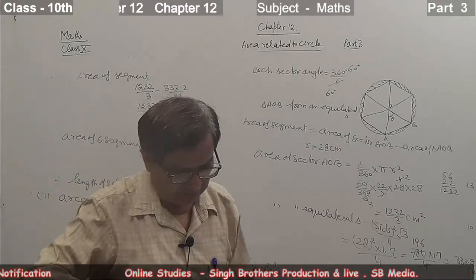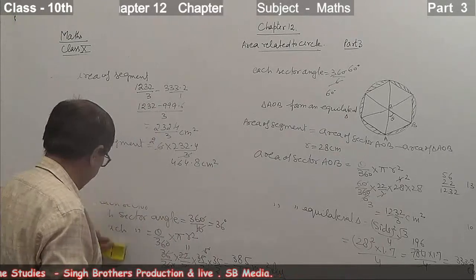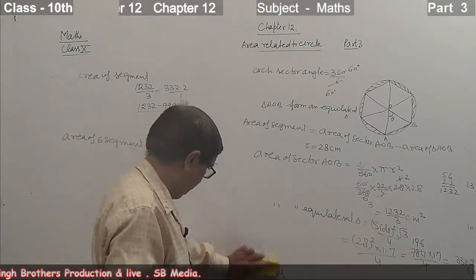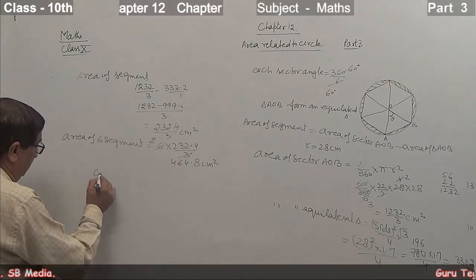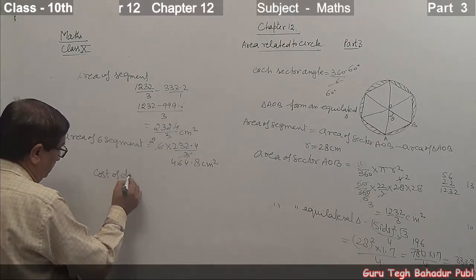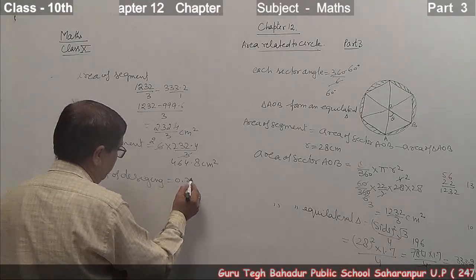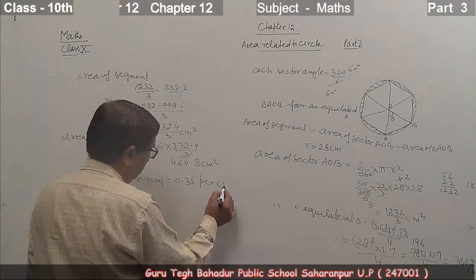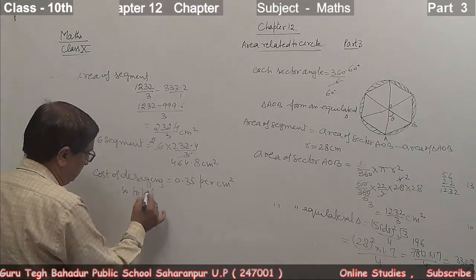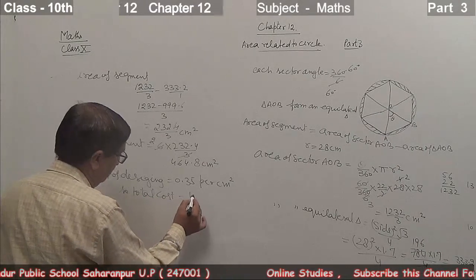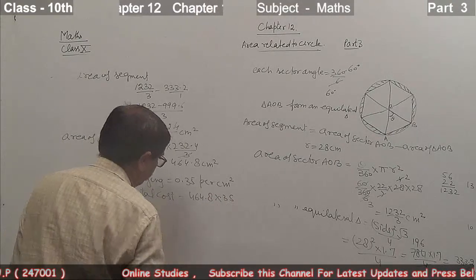The cost of designing is 0.35 per centimeter square. So the total cost is 464.8 into 0.35.